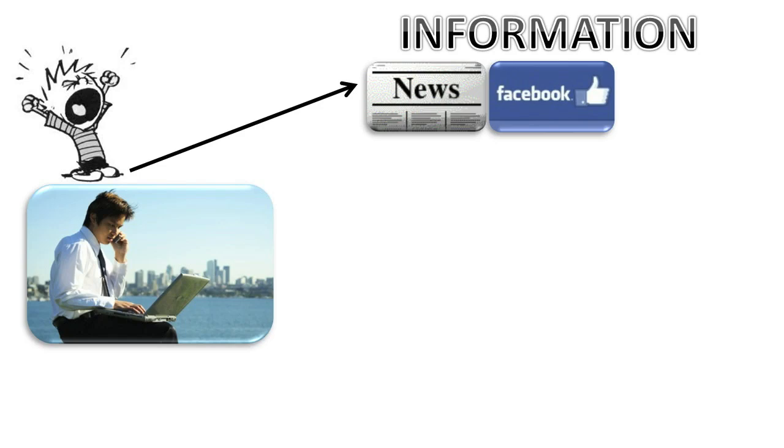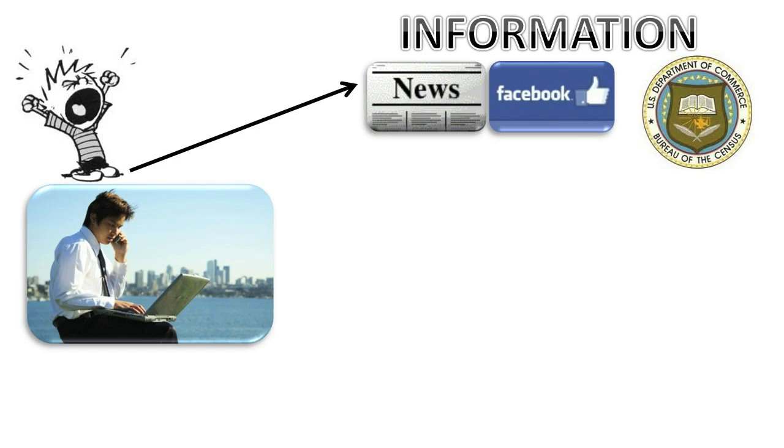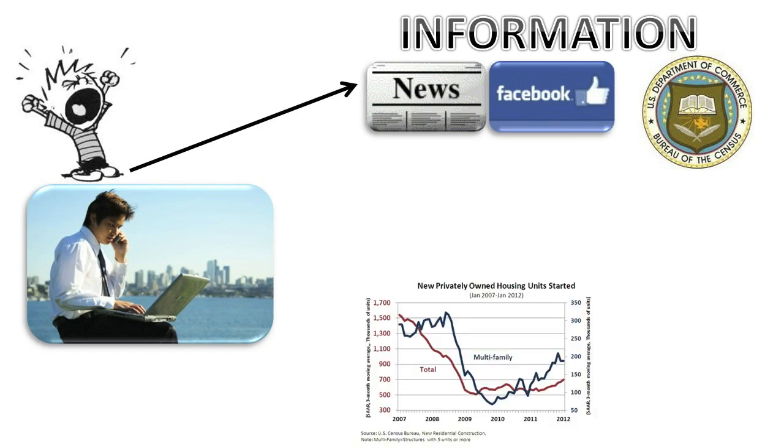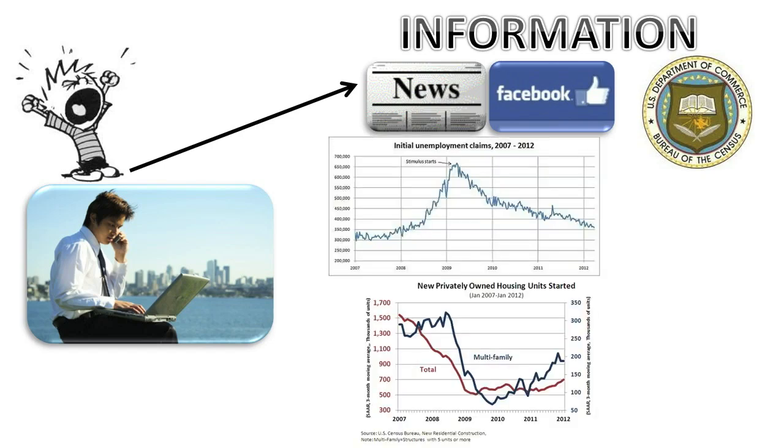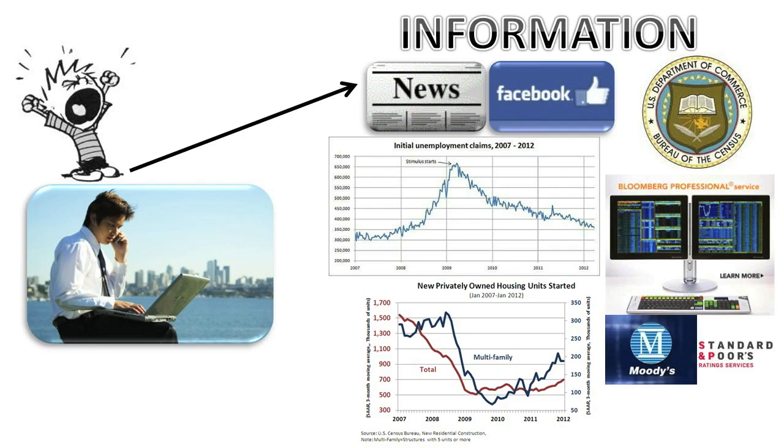Other information is quite well organized and is often produced by governmental or nonprofit agencies, such as housing, unemployment, and production data. For-profit companies also provide well-organized investor information such as Bloomberg, Moody's, and Standard & Poor's.